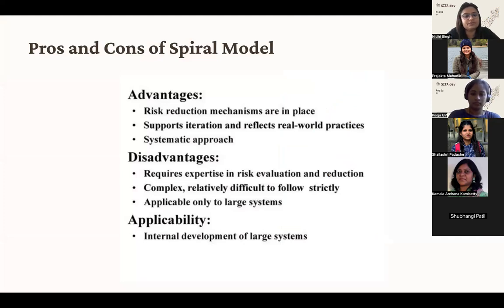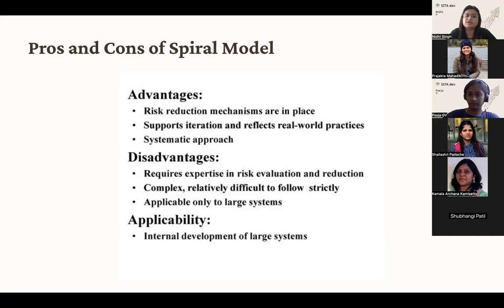Now comes the pros and cons of the spiral model. Advantages are that because we do risk analysis at every step, it reduces the risk, since many risk reduction mechanisms are in place. It supports iteration and reflects real world practice, and it is a very systematic approach.